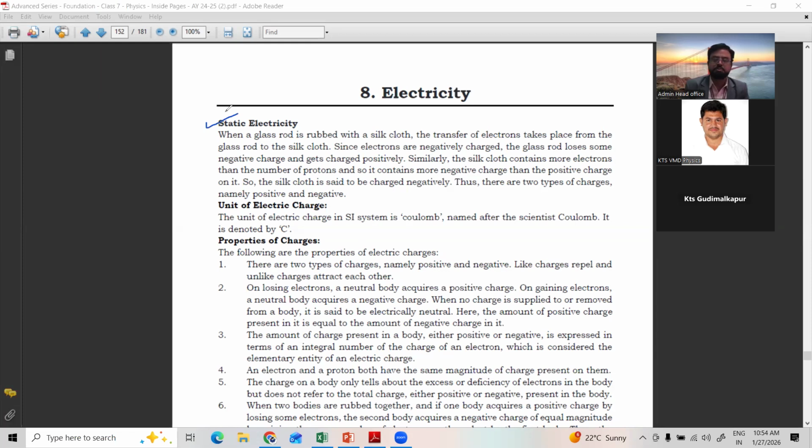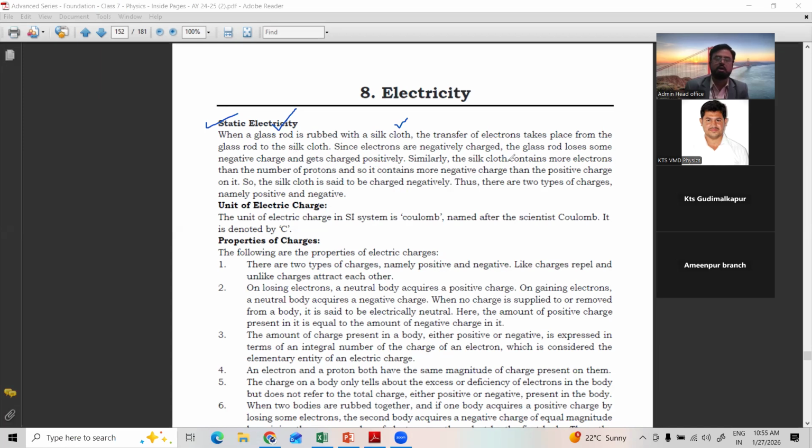Static electricity. When a glass rod is rubbed with a silk cloth, the transfer of electrons takes place from the glass rod to the silk cloth. Since electrons are negatively charged, the glass rod loses some negative charge and gets charged positively.